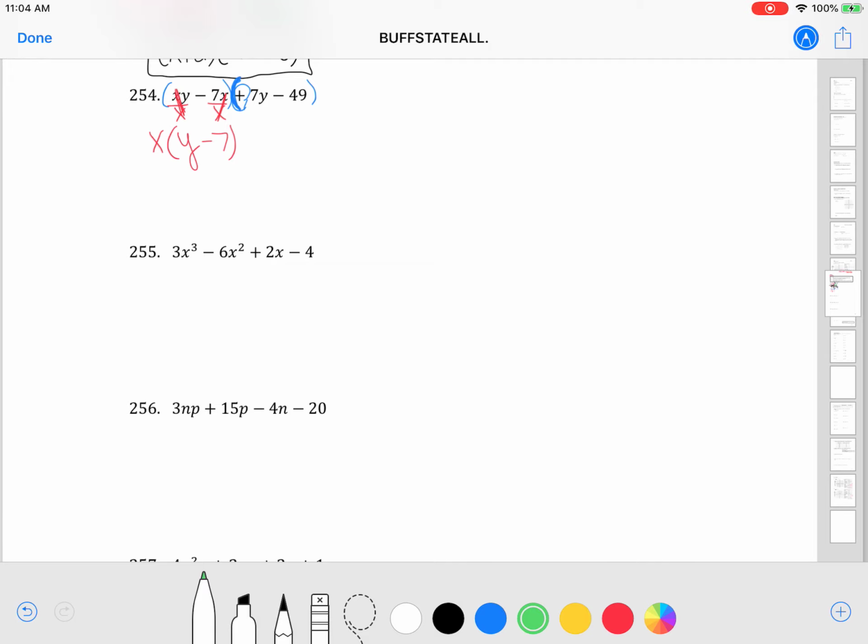Now I go on to my second group, 7y and a negative 49. The GCF between 7y and negative 49 is just 7. So I bring that 7 down, and I do my division. These 7's cancel and leave me with a y. Negative 49 divided by 7 is a minus 7.